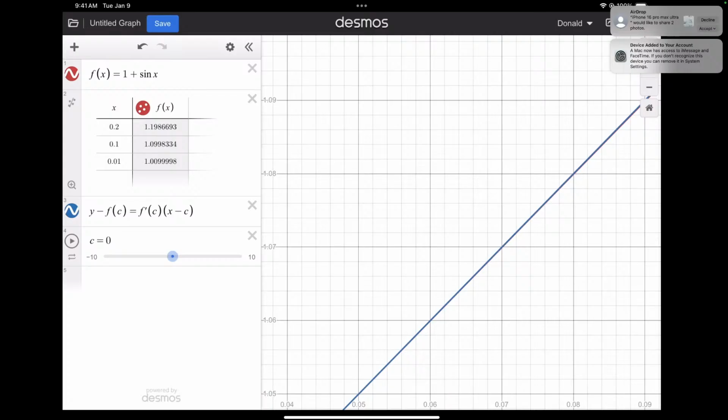Now, what we're gonna do is we're gonna assume a function. Which function would you like to assume to approximate y equal to square root of 16.5? Square root of x is a good idea, right? We're gonna call this y equal to square root of x.